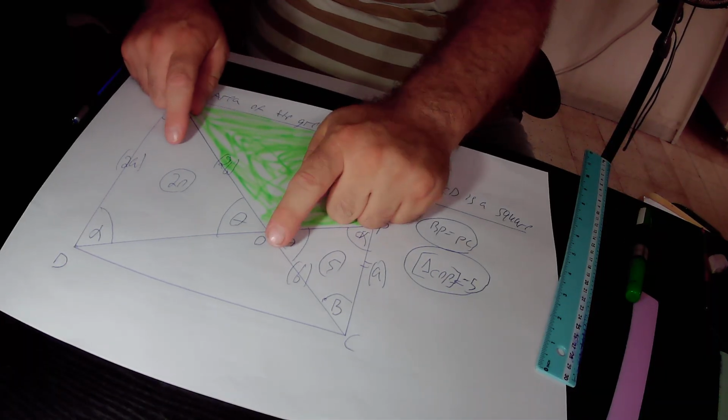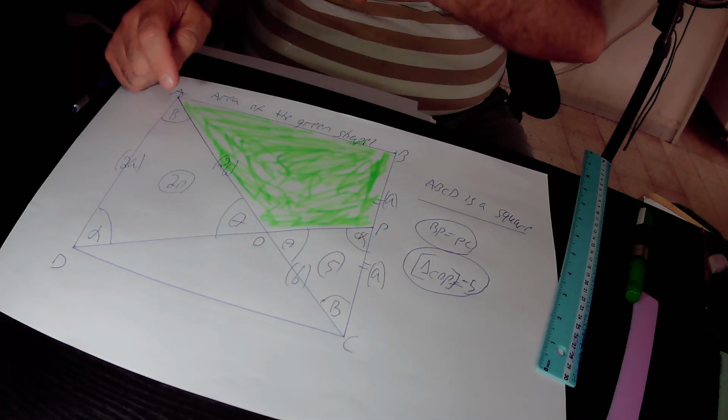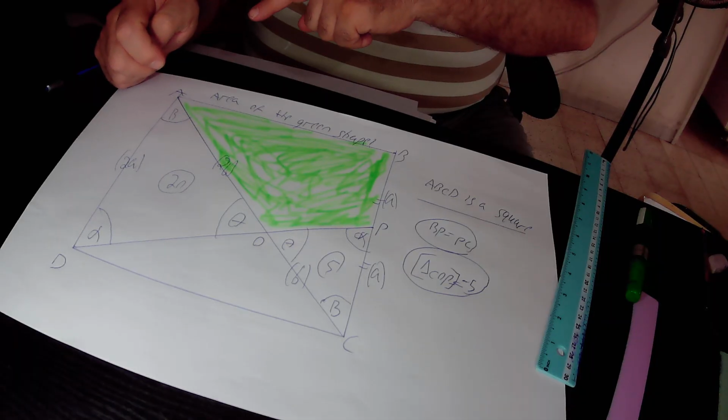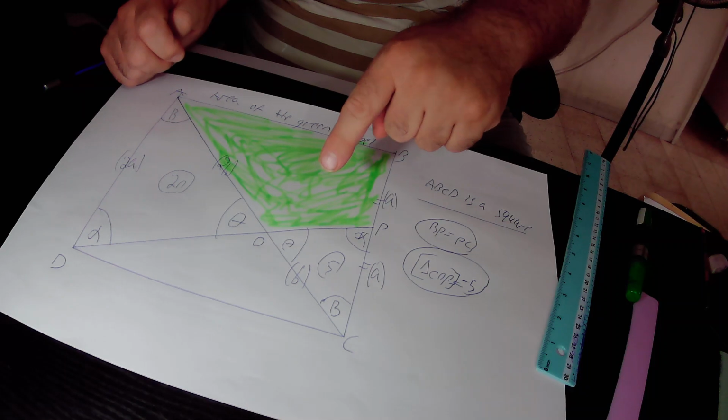According to rule 23, the ratio between the areas of those two small triangles is equal to the ratio between their corresponding bases. The base of triangle ADO is AO, and the base of triangle ODC is OC.